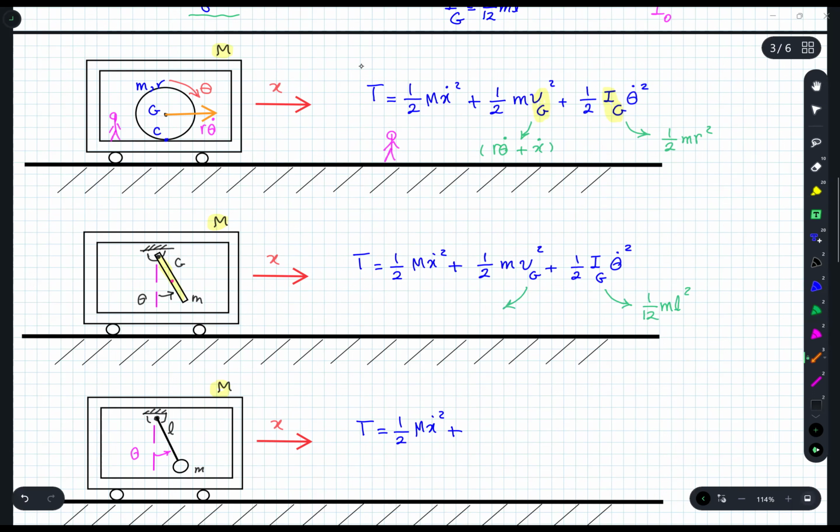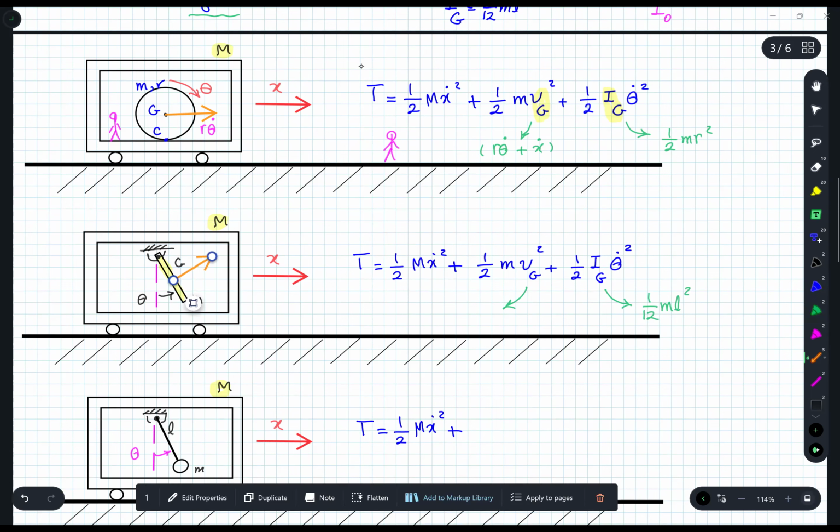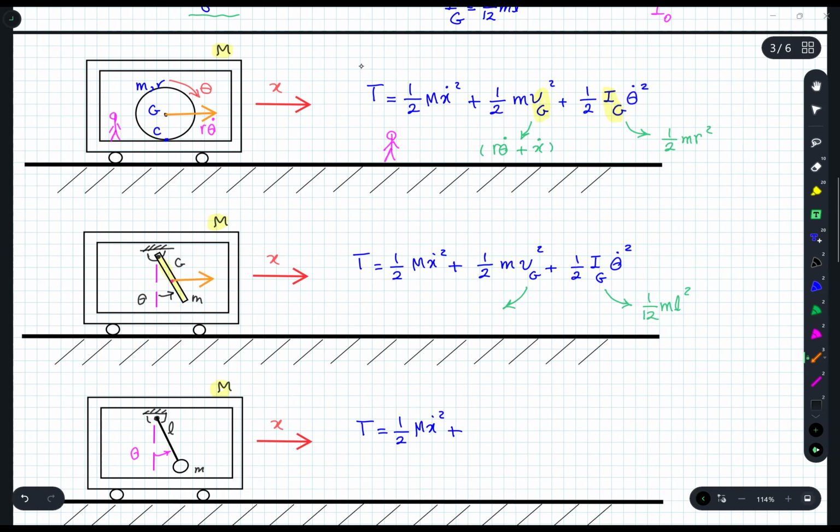Well, similarly, we can find its velocity, and of course it's perpendicular to the link like that. However, since we are in vibration, we assume that theta is so small that I can pretend that this velocity is almost horizontal. Remember, this is just an approximation. It's not accurate, but that's an approximation which goes well when theta is small and we don't make our life complicated. So it is half of L theta dot.